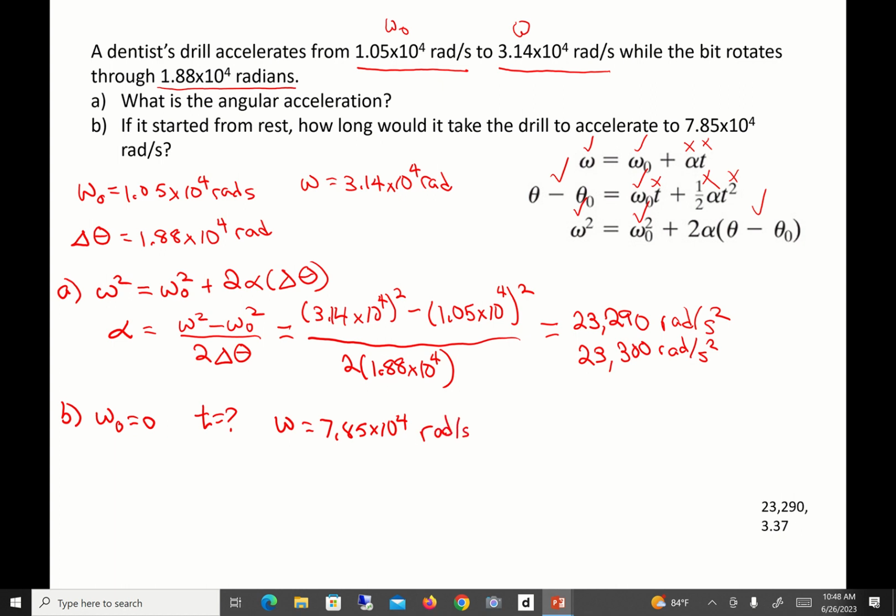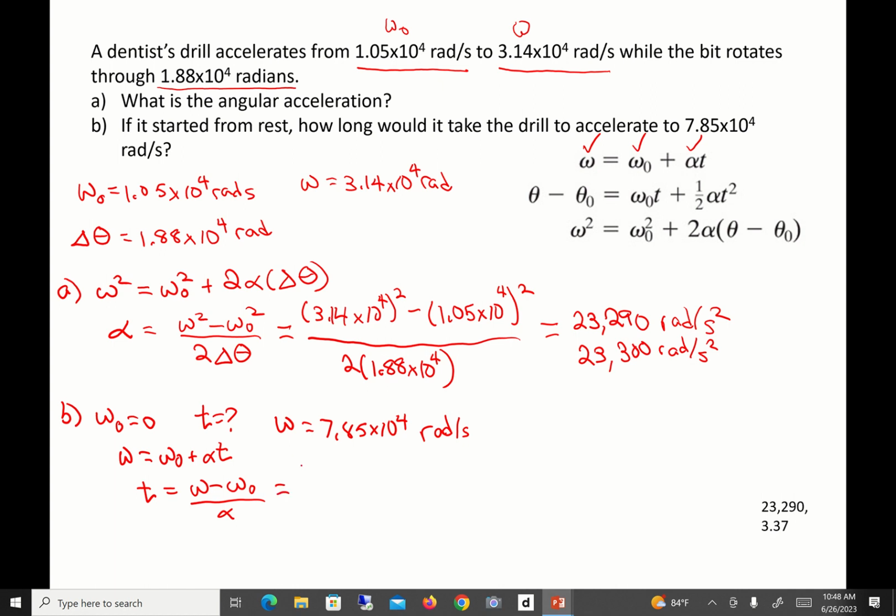All right, so now I want to find t, and let me erase what I had up here for what I know and what I don't know, because we've changed things. All right, so now I know omega, omega 0, and alpha, and I want t. So the first equation is the easiest one for me to use. So I'm going to use omega equals omega 0 plus alpha t. So t is equal to omega minus omega 0 over alpha.